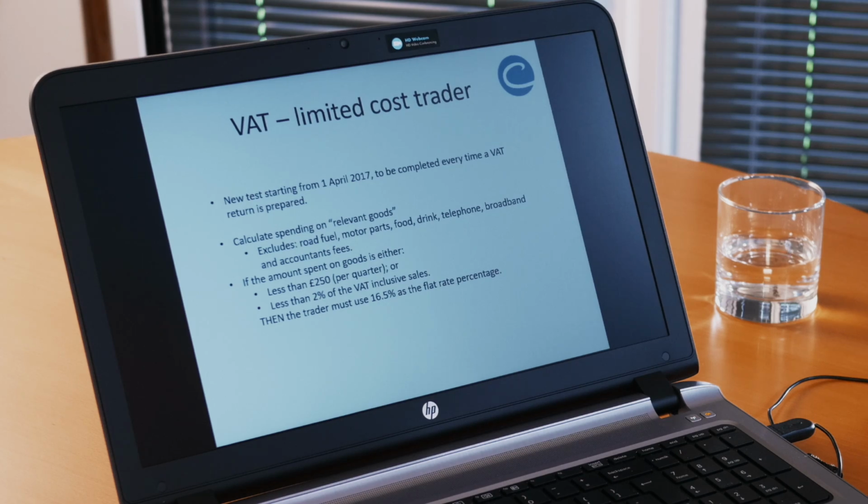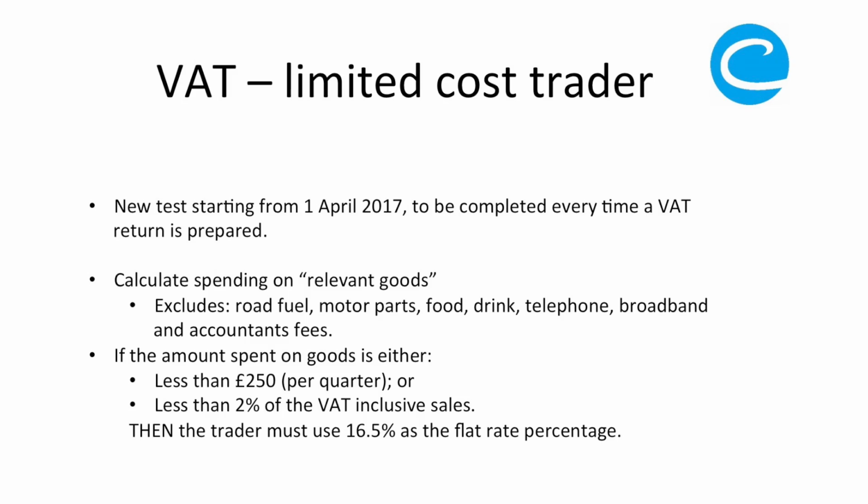And this will apply to everybody on the flat rate scheme. And basically what it says is you have to calculate your spending on relevant goods. Goods excludes services. So for instance, things like mobile costs and accountants' fees cannot be included. It also specifically excludes road fuel, motor parts, food and drink.